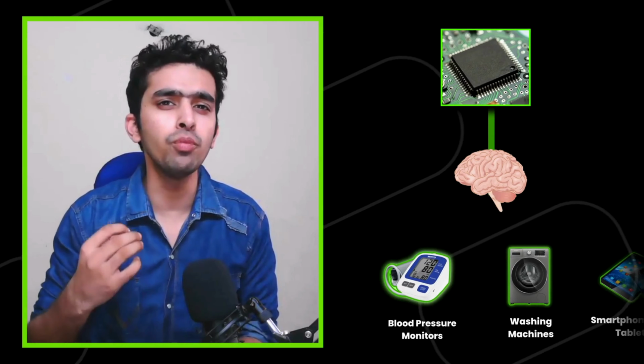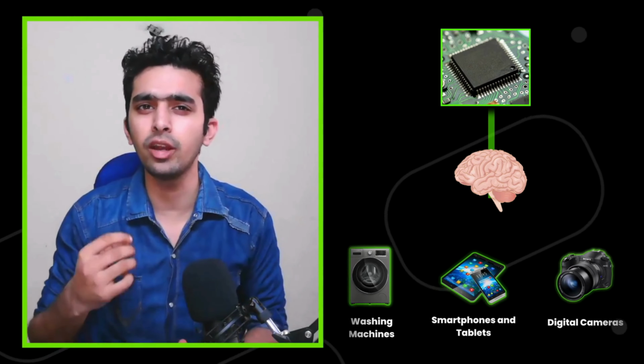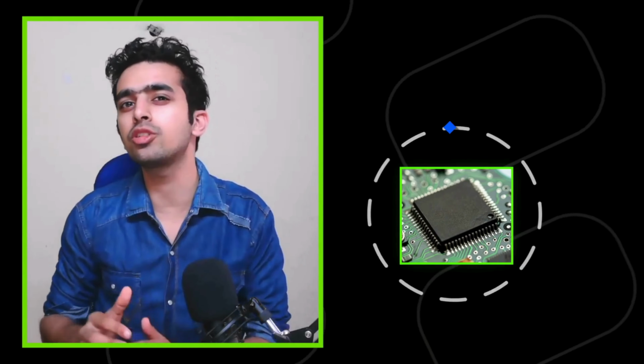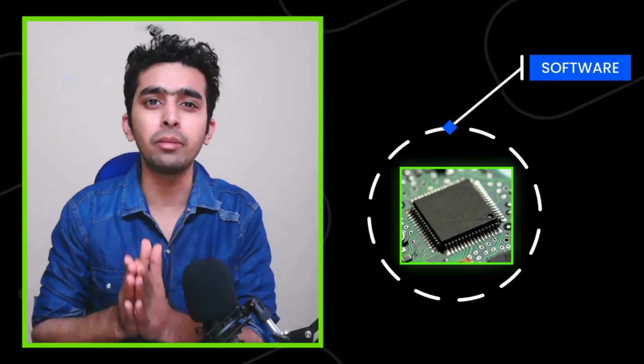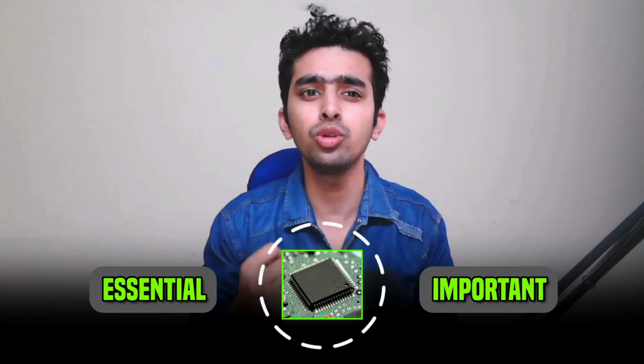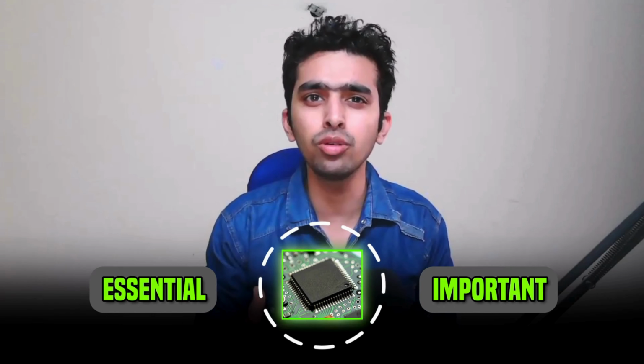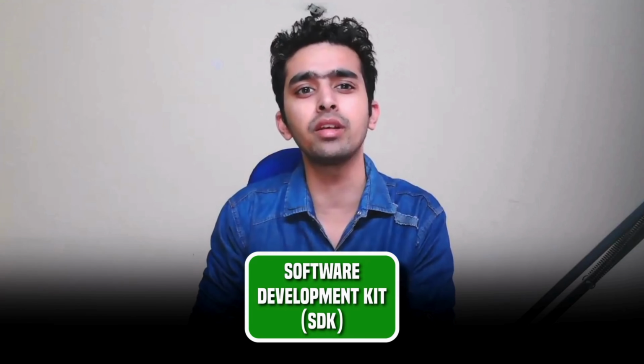Microcontrollers are the brain of most modern-era technologies and products, and it is the software ecosystem around these microcontrollers that makes this brain run. One of the essential and most important things to know before starting with microcontroller technology is the software development kit around them, so now let's dive into it.